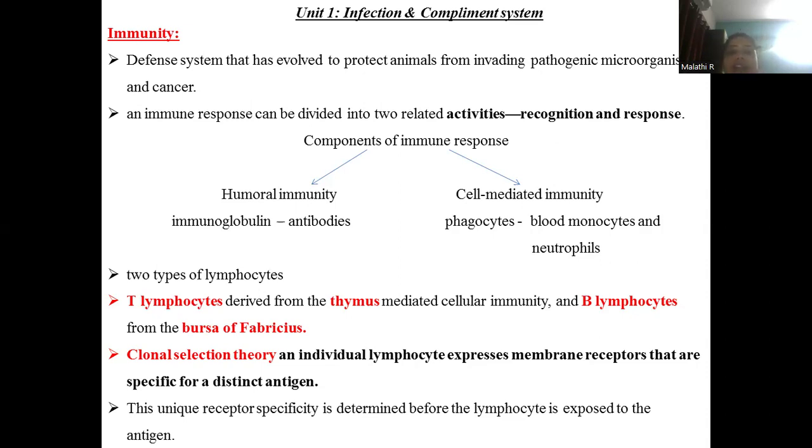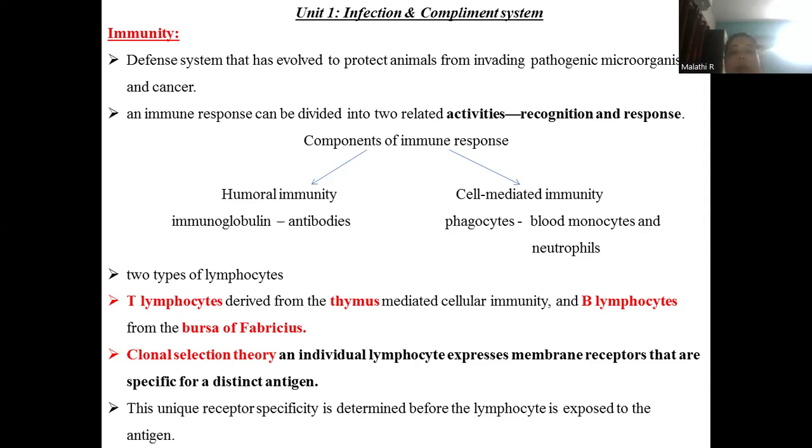If a pathogenic particle or any viral particle enters, the first thing your immune system will do is check whether it is your own cell or an invading pathogen. In the same manner, a cancer cell will also be recognized as different from your normal cell.